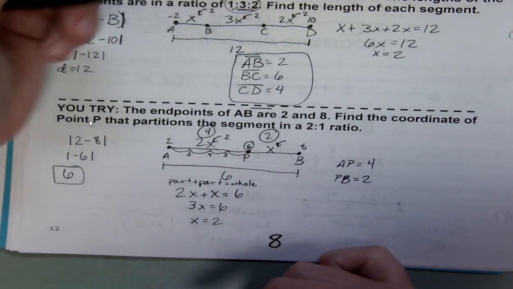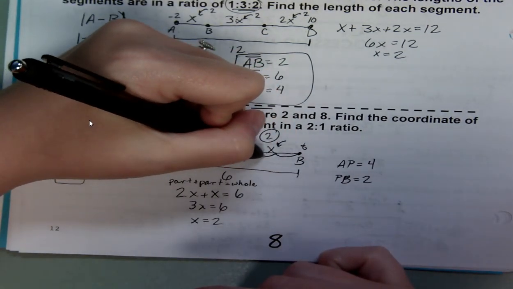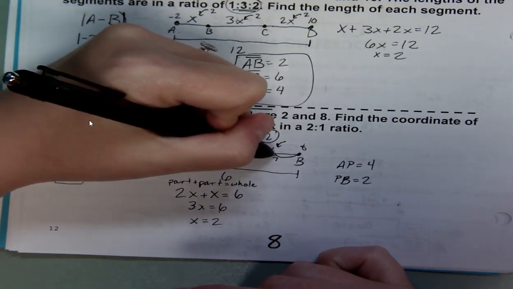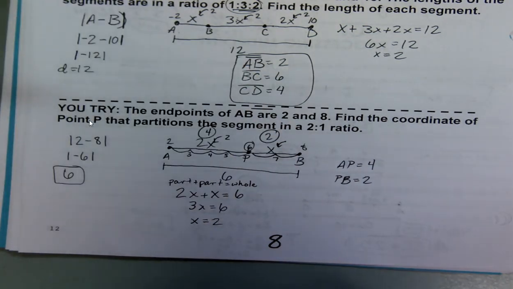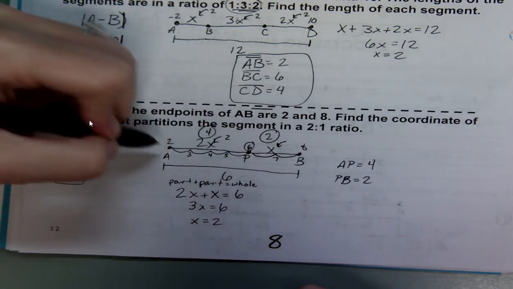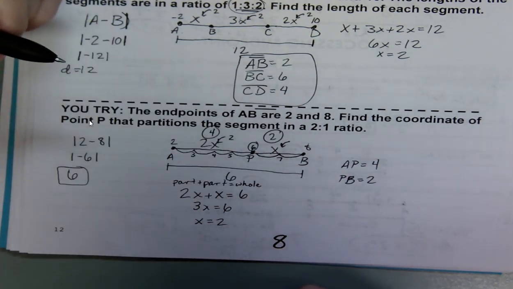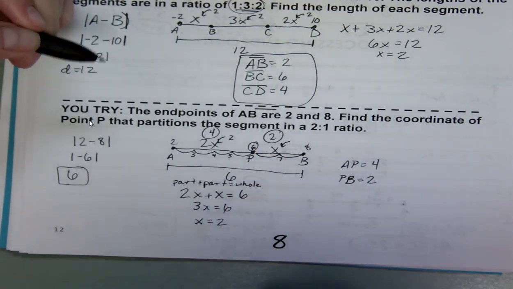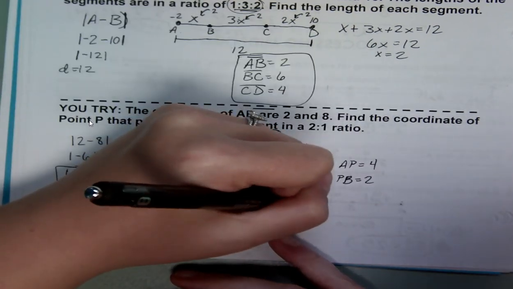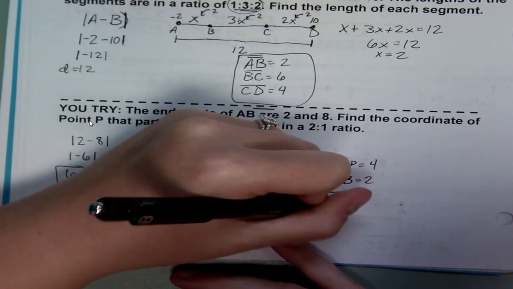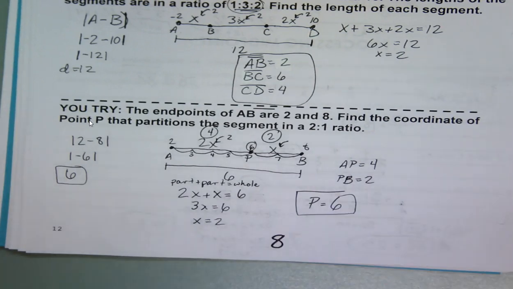That makes a lot more sense. Or you can start here at 8 and go back 7, 6. So 2 away from 8 is 6. 4 away from 2 is also going to be 6. So point P is at 6. So you just have to read the question and make sure you understand what it's asking.